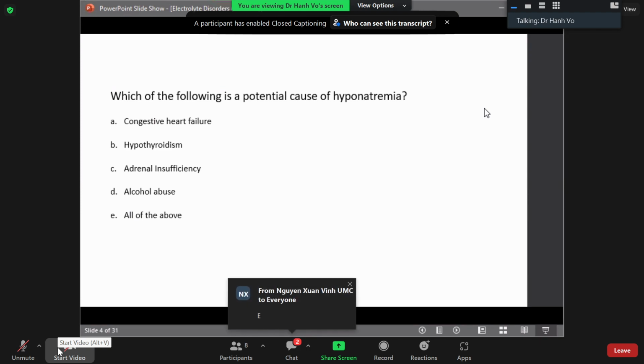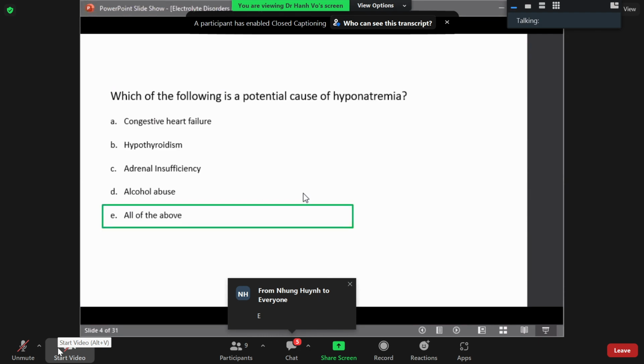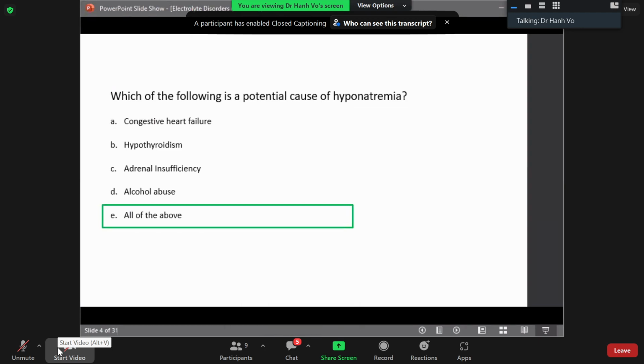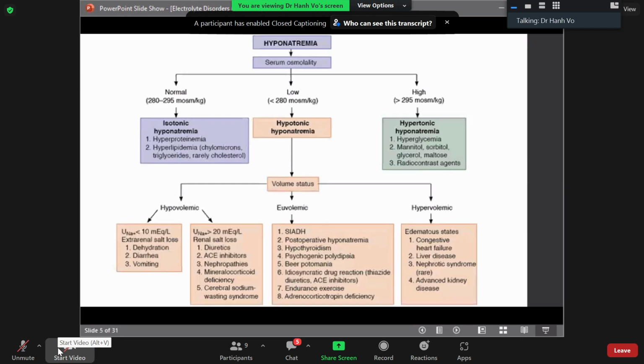I have the answer. Yeah, I see on the chart. Yeah, the right answer is both can cause the hyponatremia.